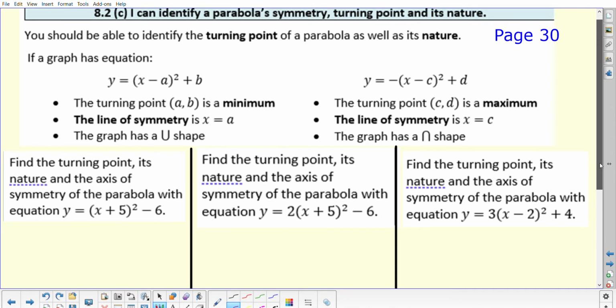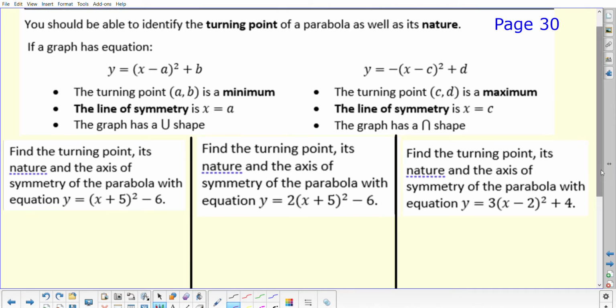We're going to have a look at your notes, if you can go to page 30. We didn't complete this last day, but we have. What this says on page 30 is you should be able to identify the turning point of a parabola as well as its nature.